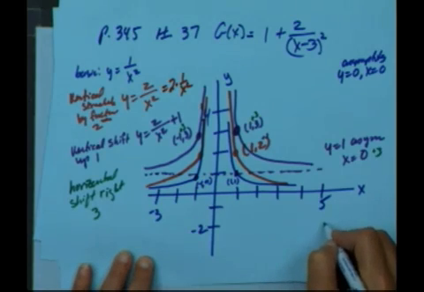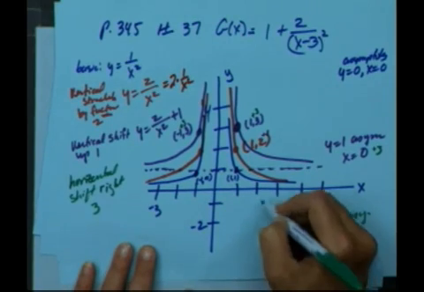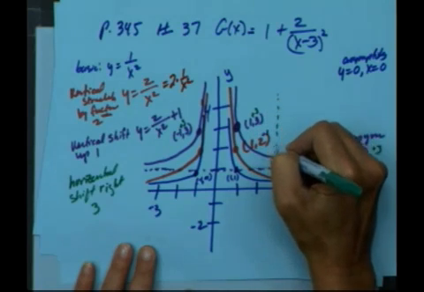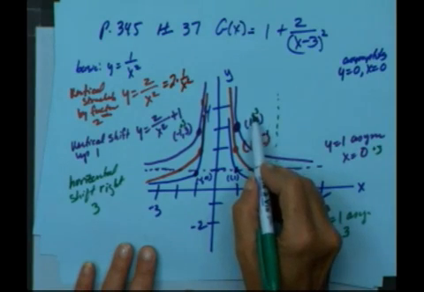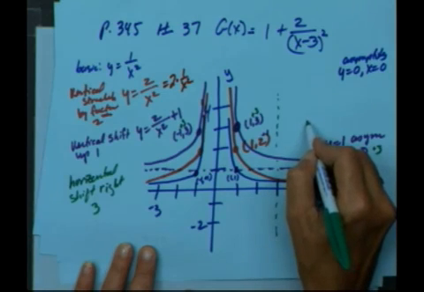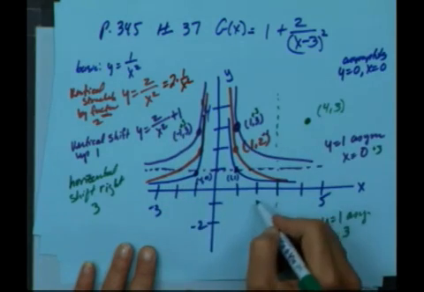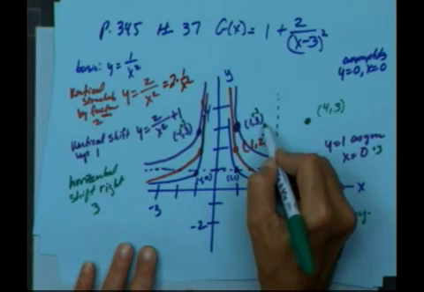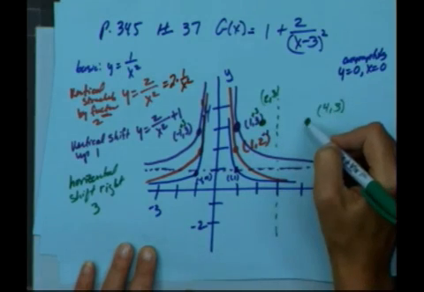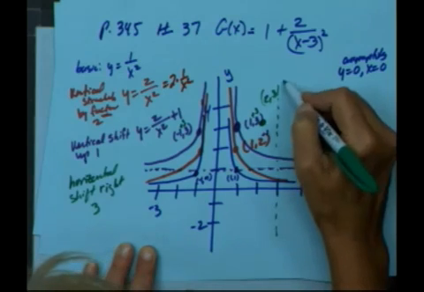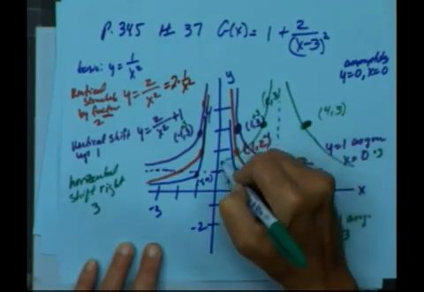So now for the green, y equal to 1 is an asymptote, x equal to 3 is an asymptote. 1 plus 3 is 4, so 4, 3. And negative 1 plus 3 gives 2, 3. Your graph looks like this, and it looks like this.